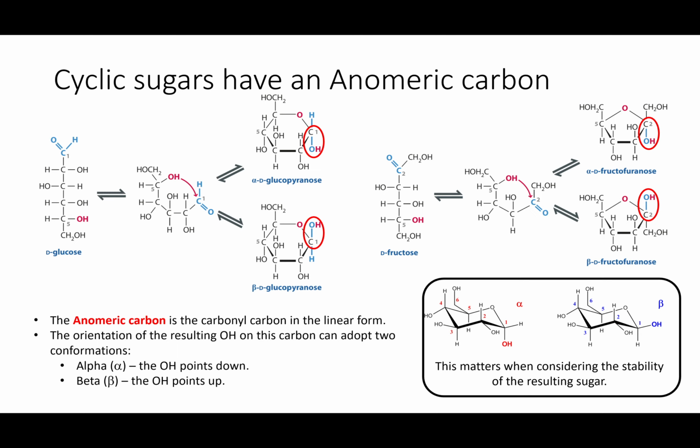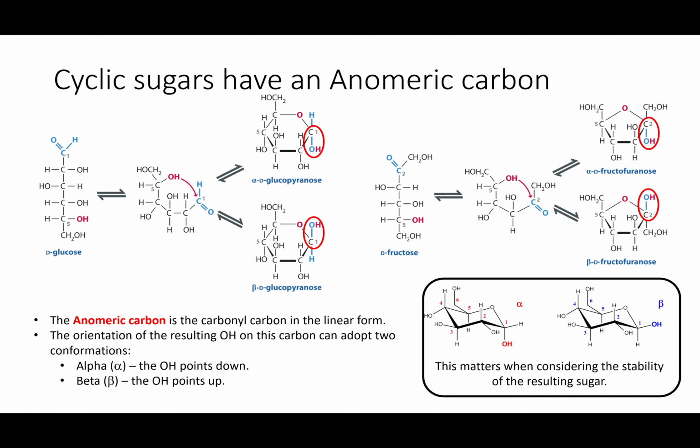For 6-membered rings especially, and I really want to stress this, because this is where I'm going to ask you to think it through, the beta position is always more stable. Always. The reason is that if we think about our chair configuration, 6-membered rings always have a boat or a chair configuration. The chair configuration is more stable.